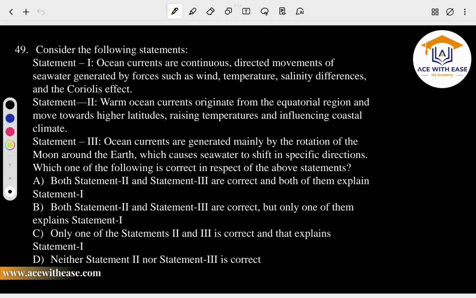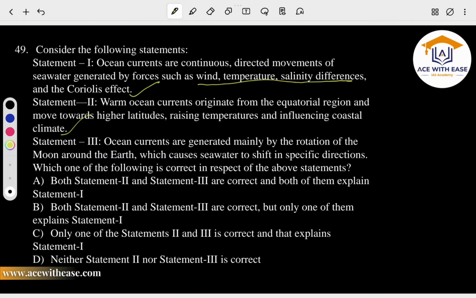49th question. Ocean currents are continuous directed movements of seawater generated by forces like wind, temperature, salinity difference and Coriolis force. Yes. Second statement. Warm ocean currents originate from the equatorial region and move to higher latitudes, raising the temperature and influencing the climate.